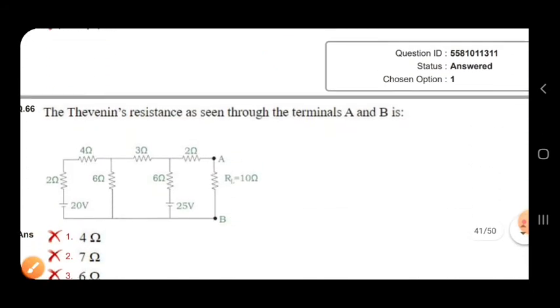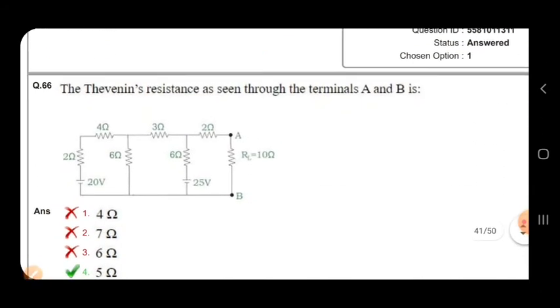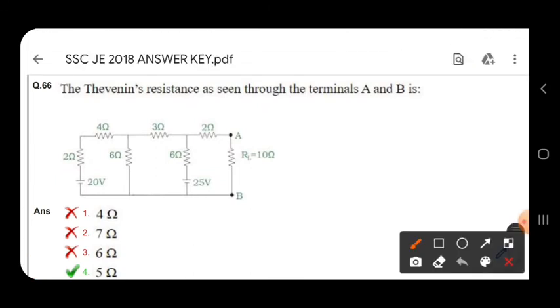The Thevenin's resistance is seen through the terminals A and B. So friends, you have to find the Thevenin's resistance between A and B. All of you know that Thevenin resistance is found by shorting the voltage sources through their internal resistance and opening the current sources.